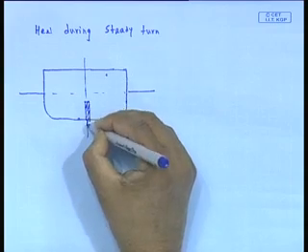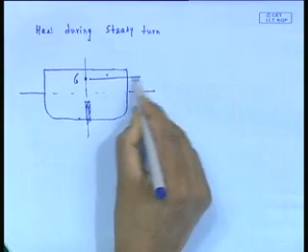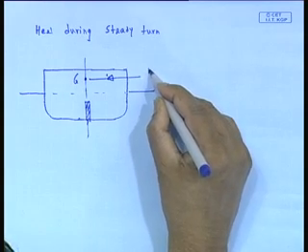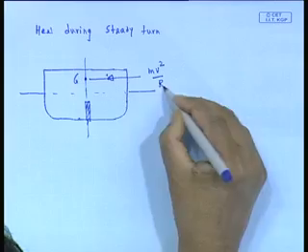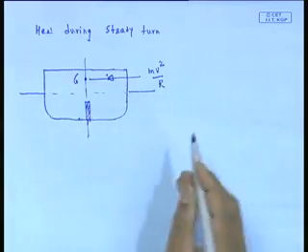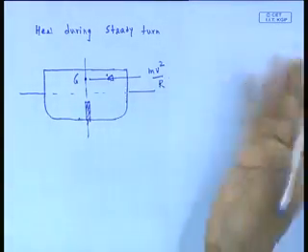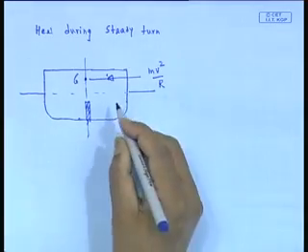This is the rudder. mv square, this is the centrifugal force. That is basically mUr. If you look at that, it will become mU square by R, or v square by R, whatever.